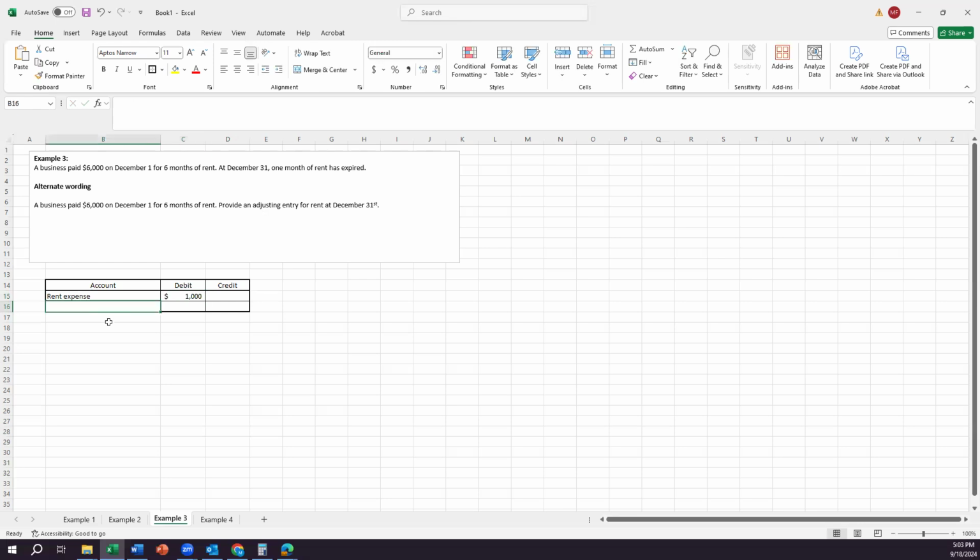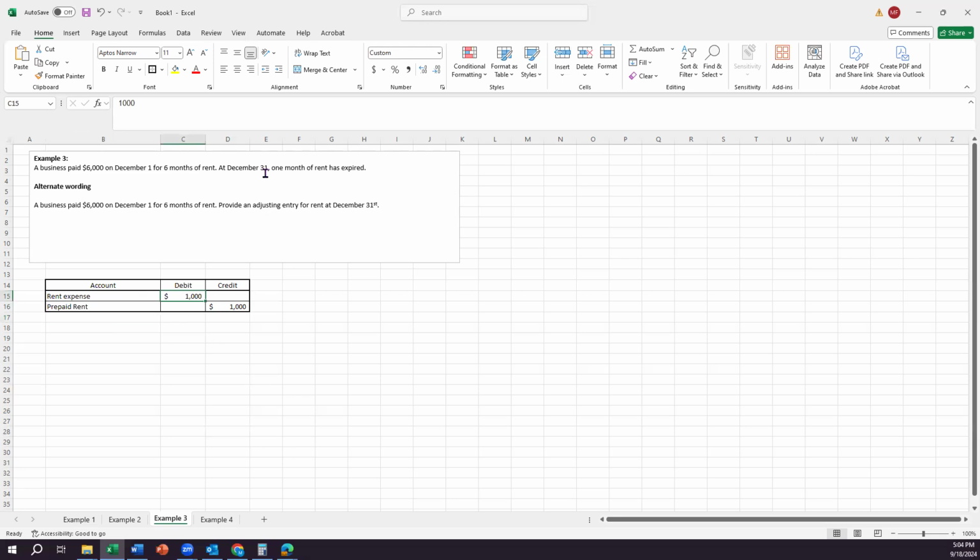And then we'll credit our prepaid rent account. So this journal entry says we have used up $1,000 of this prepaid rent asset. This was money that we'd paid in advance for rent, and we're going to claim that as an expense.